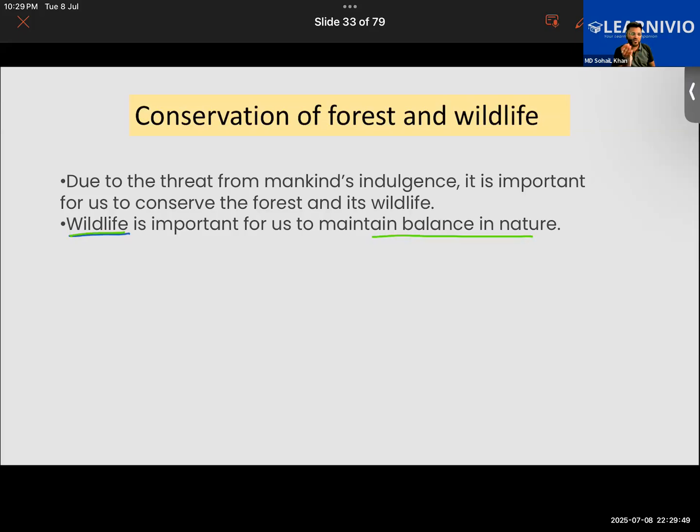Were there any national parks 200 years ago, or zoological gardens? No, hardly. I would say there might have been hardly any. So now it became the need because of exploitation of the forest, exploitation of the wildlife.